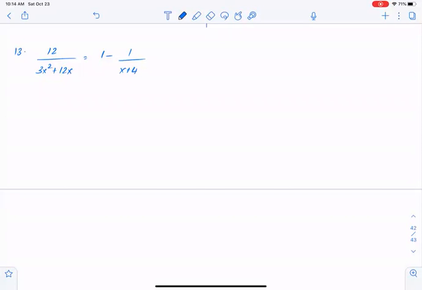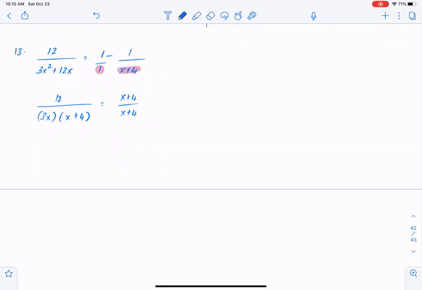So first thing to notice on the left-hand side, the denominator has a 3x in common. So if I pull that out, I would have x plus 4. Numerator is 12. Multiply and divide the 1 by x plus 4, because I have a 1 here, x plus 4 there.